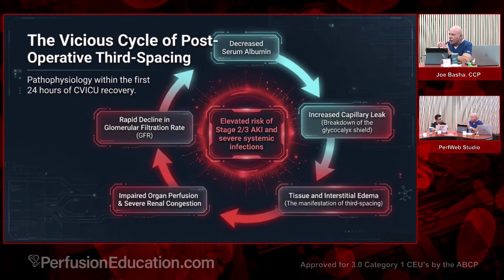But anasarca essentially means you look at somebody and they are just blown up like the Michelin Man. It's massive edema that you can see externally, right? Eyelids that look like balloons, tongue sticking out. They're just swollen. Their hands are all swollen.